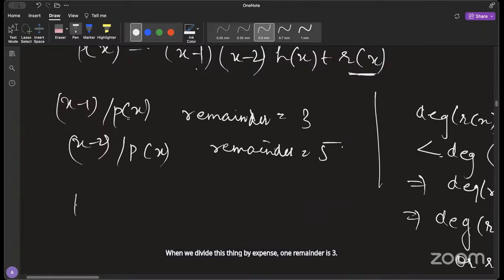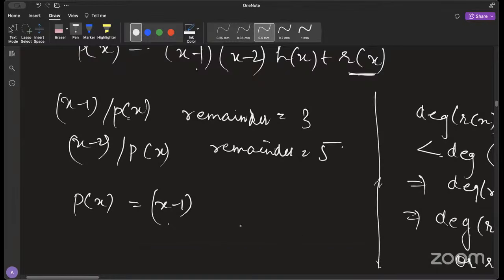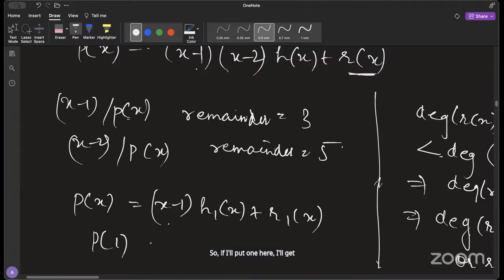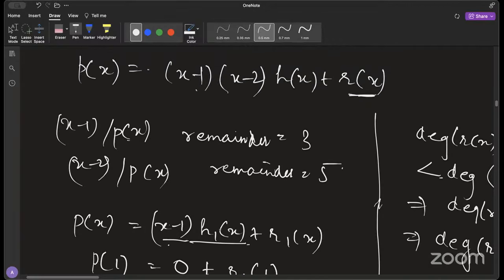Now, by the division algorithm, let's say the quotient is h1(x) and the remainder is r1(x). So if I put 1 here, I'll get p(1) equals, this entire thing becomes 0, so this is 0 plus r1(1).